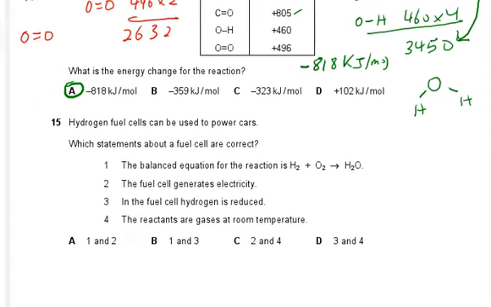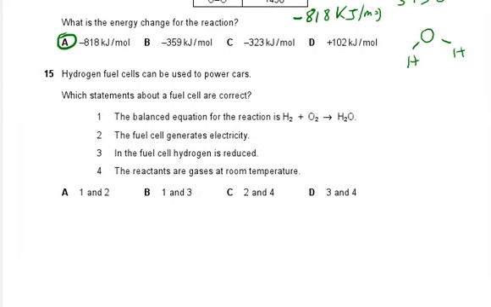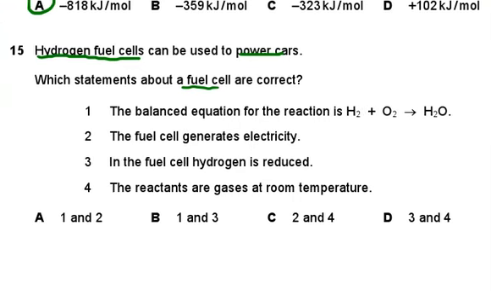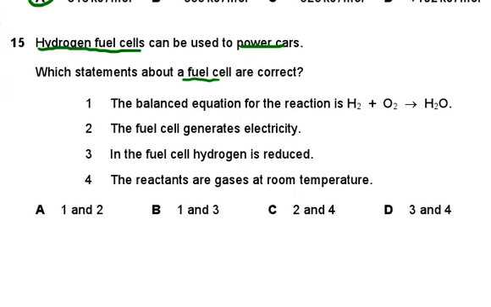Now for 15. Hydrogen fuel cell can be used to power cars. Which statements about a fuel cell are correct? Let me zoom here. Now if you notice number 1, the balanced equation for the reaction.